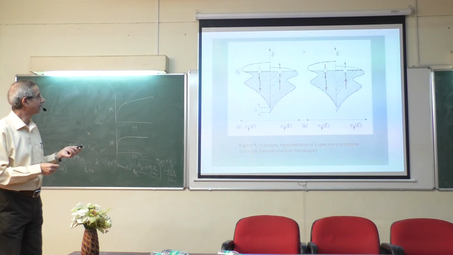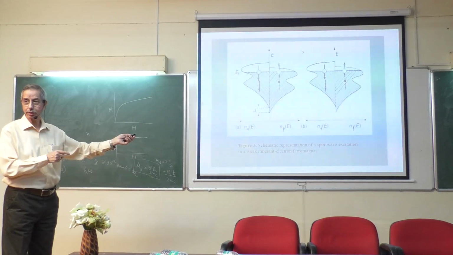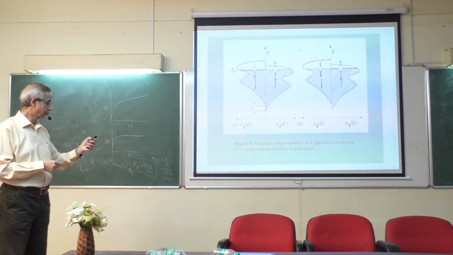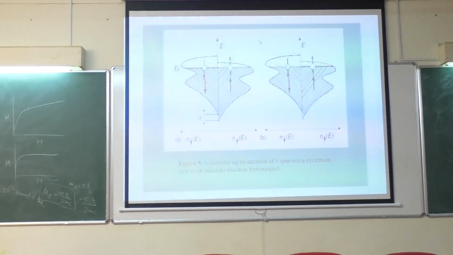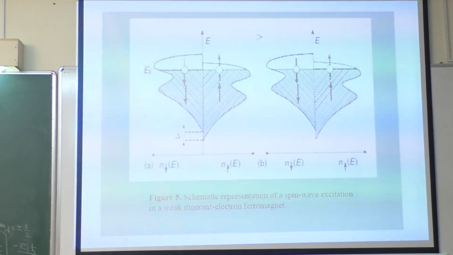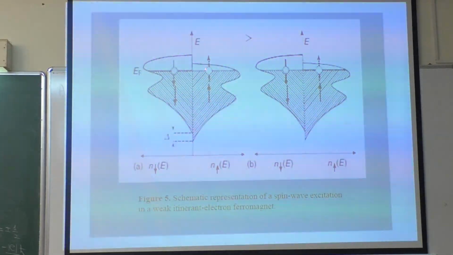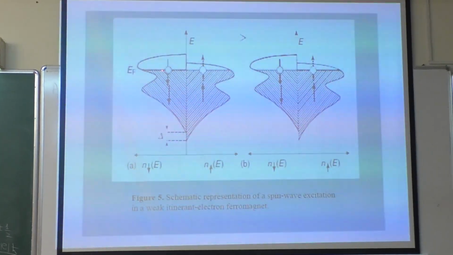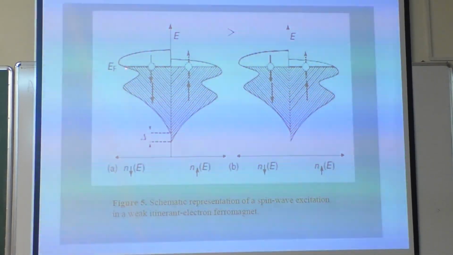Anyway, here what is happening is that this case is not the Stoner case. In the weak ferromagnet case, you had both the subbands filled up to this level. And now again, same thing: you take the spin up electron and put it in the spin down band. So you have a spin up hole and a spin down electron.